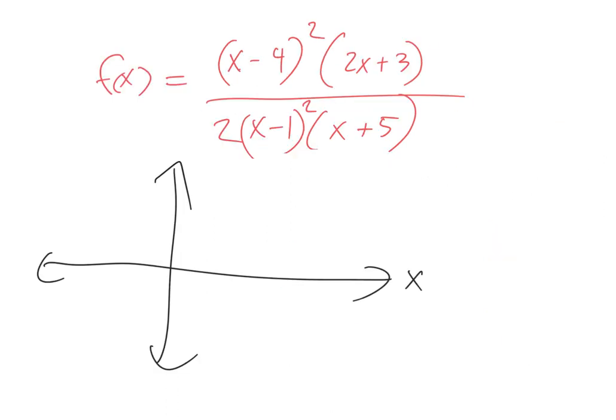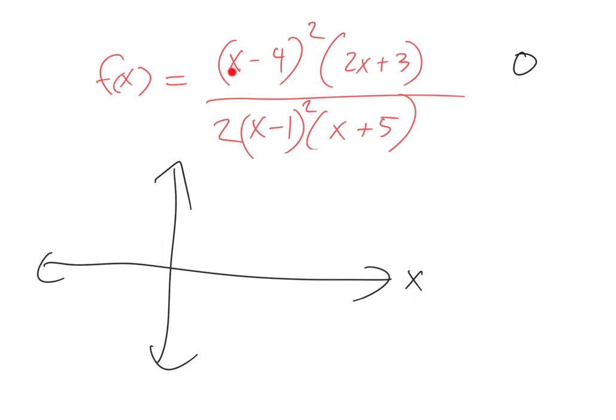All right, the question's related to talking about zeros, intercepts, asymptotes, end behavior, those kinds of things. So here is an equation that we just formulated. Zeros are when it crosses the x-axis. So a zero happens when my numerator is 0. So I look at the numerator and say, what makes this 0?